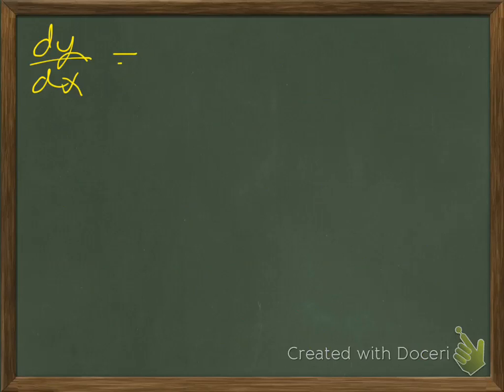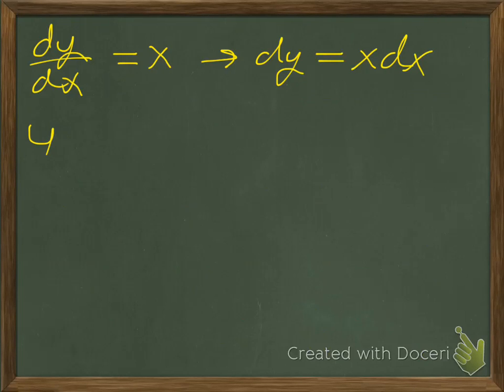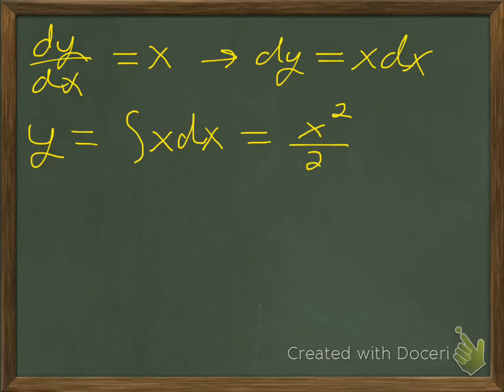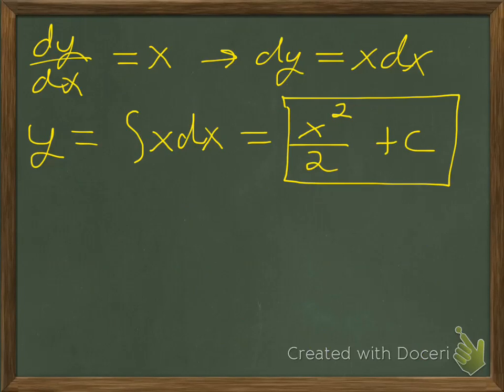So solve dy/dx is equal to x. Differential form, dy is equal to x dx. And so we're asking ourselves, what function has a derivative of x? So you might be thinking something like an x squared, because when I take the derivative of x squared, I get 2x. So let's go ahead and try that out. So y is equal to the antiderivative of x dx, which is equal to, so we're going to add 1 to the exponent, divide by that exponent, and add our constant of integration.